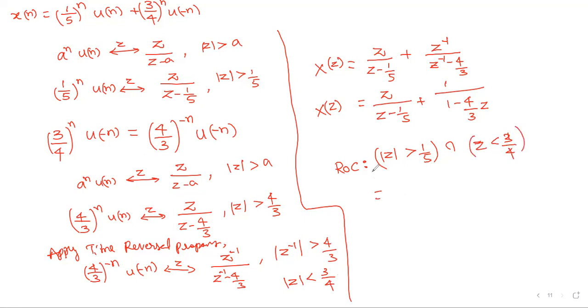Now you see what the ROC is: greater than 1/5, which means 0.2, and 3/4 means 0.75. That means it lies between 0.2 and 0.75. So that is the resultant ROC for this numerical. So this is about the time reversal property. Now we will see the multiplication by n property.